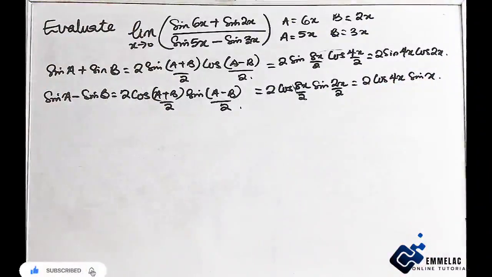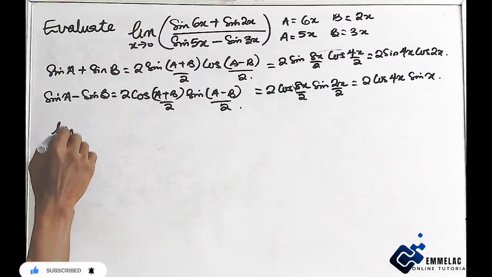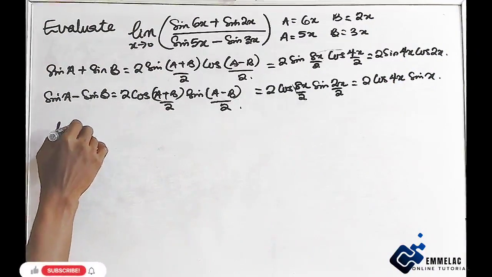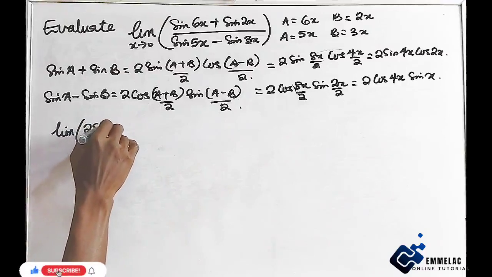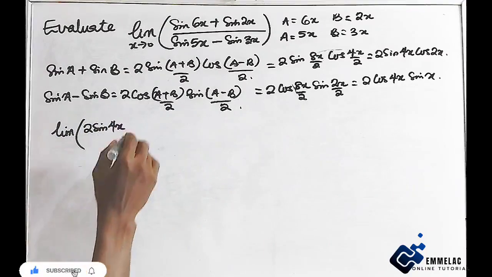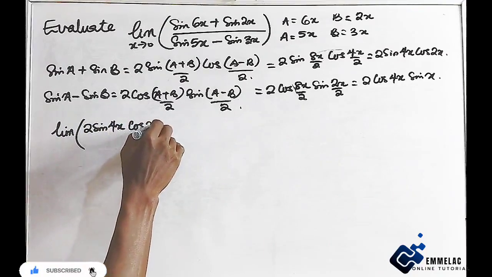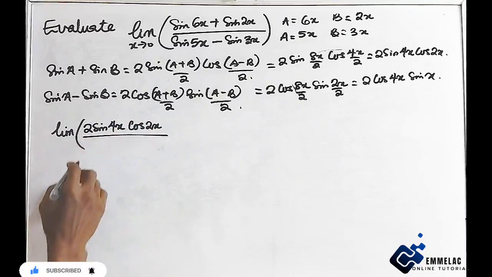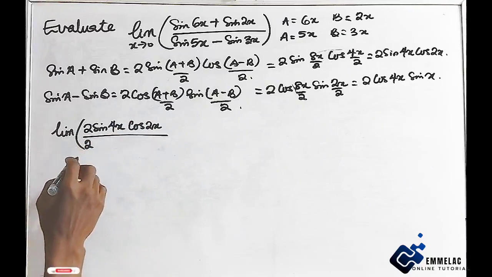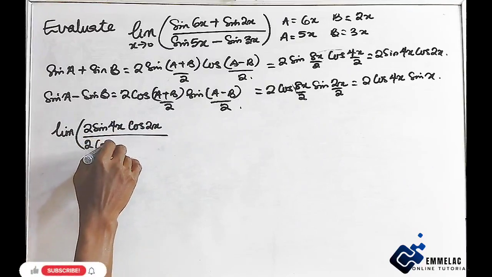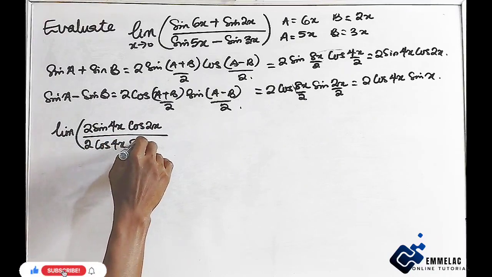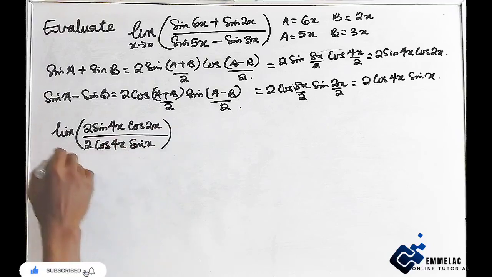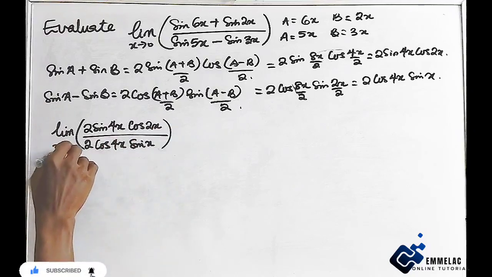So here we have the limit of 2 sin 4x cos 2x all over 2 cos 4x sin x as x tends to 0.